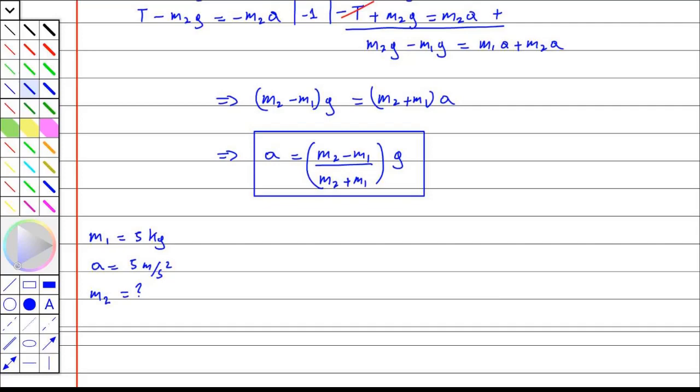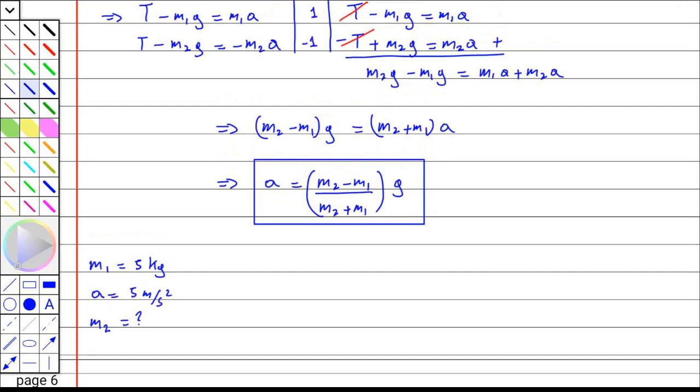So in this case, because we need to calculate the second mass with our given data, we need to solve our relationship that we have just produced for M2. It means that our target now becomes M2.